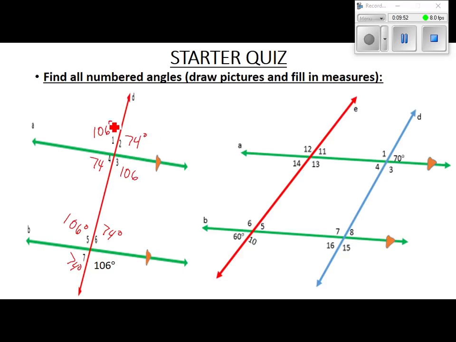Over here, if I split off these two first, and maybe with you guys, what might have been easier, since I said draw the picture and just fill in the measures, what might have been easier is just to draw the two green lines, then draw the red line and don't draw the blue line yet, and fill all that stuff in. So, Austin, come up here for me.